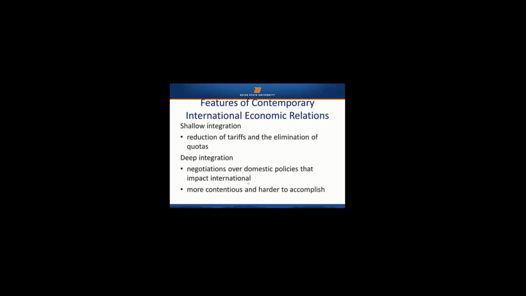The book talks about two levels of integration. What it terms shallow integration is the reduction in tariffs, quotas, and non-tariff barriers. That's been happening over time. At a deeper level, where the action is now is on negotiations over domestic policies that impact international trade. For example, the United States is currently in the throes of negotiating the latest farm bill.